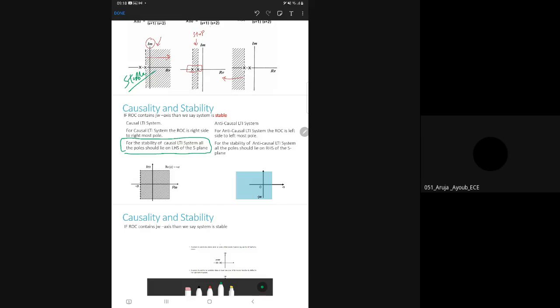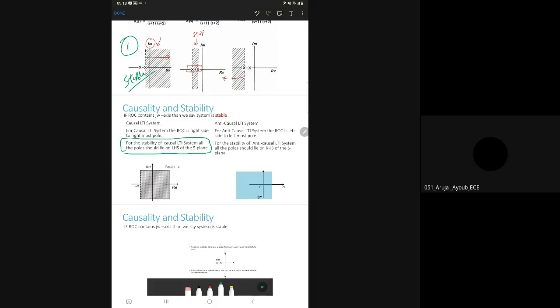For example, here in graph 1, you can observe whether the poles are on the right side or left side. The poles are on the left hand side of the S-plane.